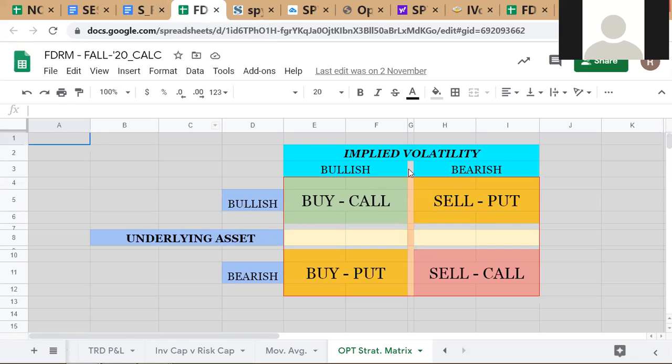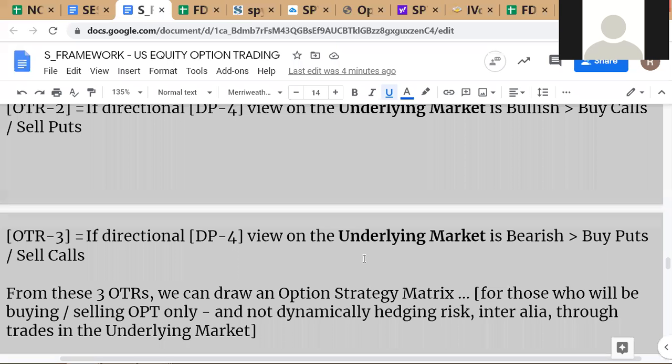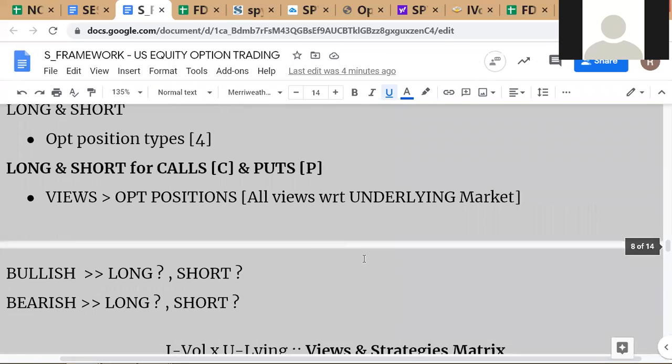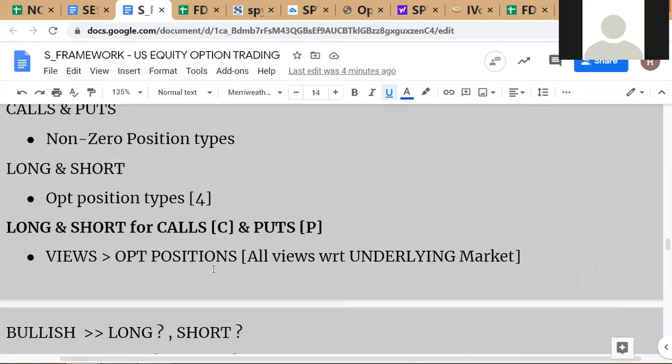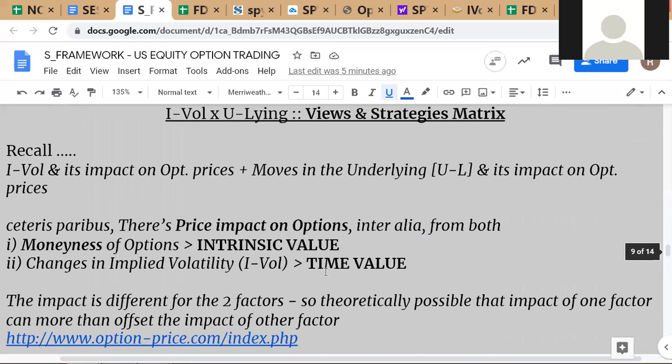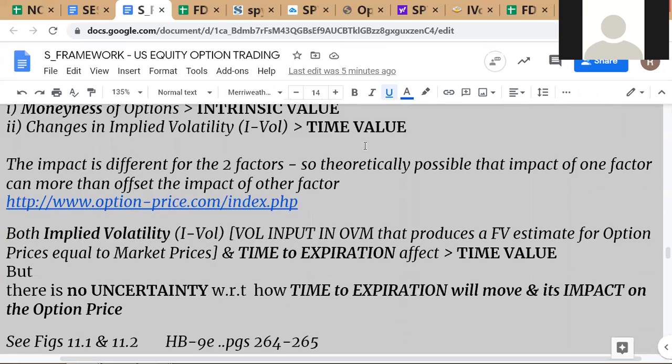Now, here you have 4 strategies. Remember, this goes back to the 4 option positions we discussed today, earlier in the morning: long call, long put, short call, short put. Then we looked at the time value and intrinsic value dynamics.